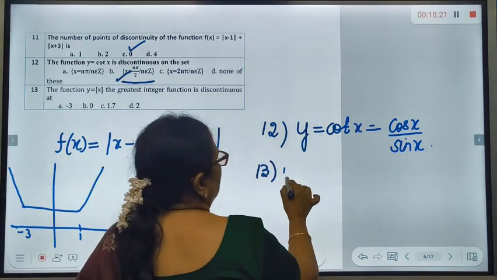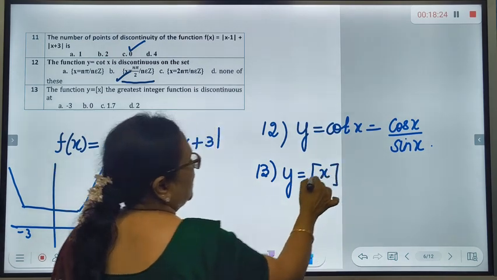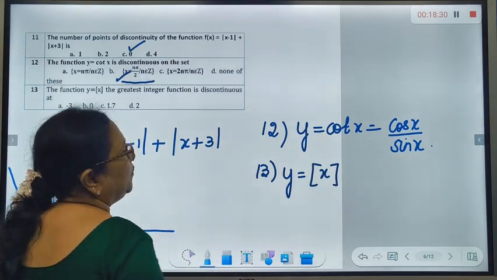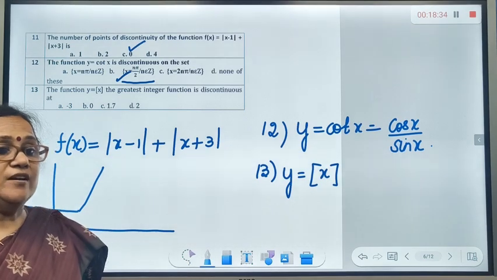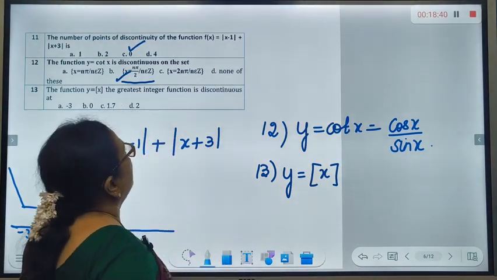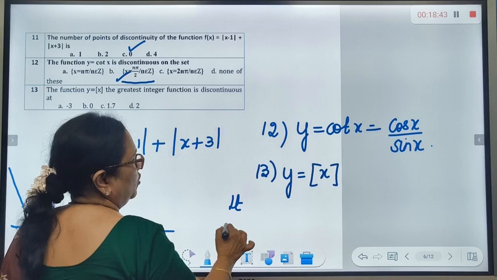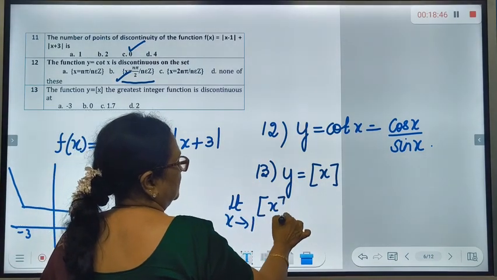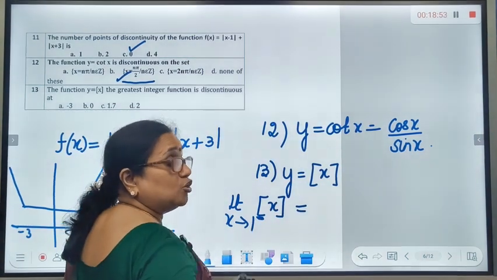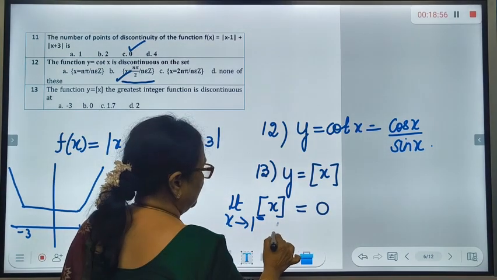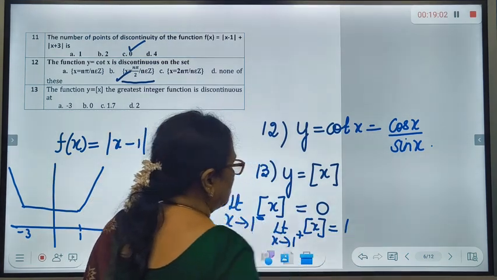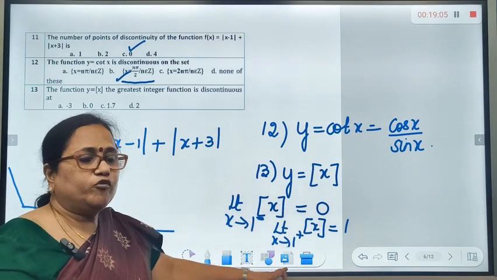y equal to square bracket of x. See, if you take integral values, for example, if I take 1, and look at a very small neighborhood around 1, and let us look at the limit as x tends to 1 of square bracket x. Limit as x tends to 1 minus: when it approaches 1 through values to the left of 1, it will be 0, whereas limit as x tends to 1 plus of square bracket x will be 1, because x will be assuming values to the right of 1, so greater than 1.